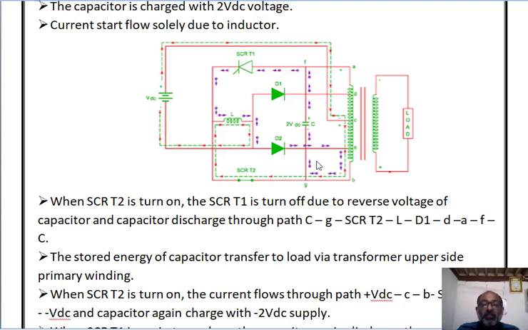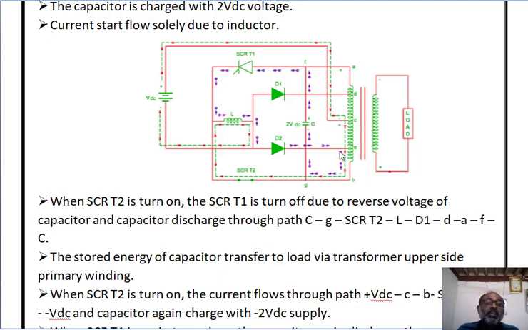So now when again the thyristor T1 is turned on, the capacitor is discharged through C, then F, then SCR T1, then L, then D2, then E, then B and C. So here you can also see whatever energy is stored in this capacitor is transferred to the lower part of the primary winding.